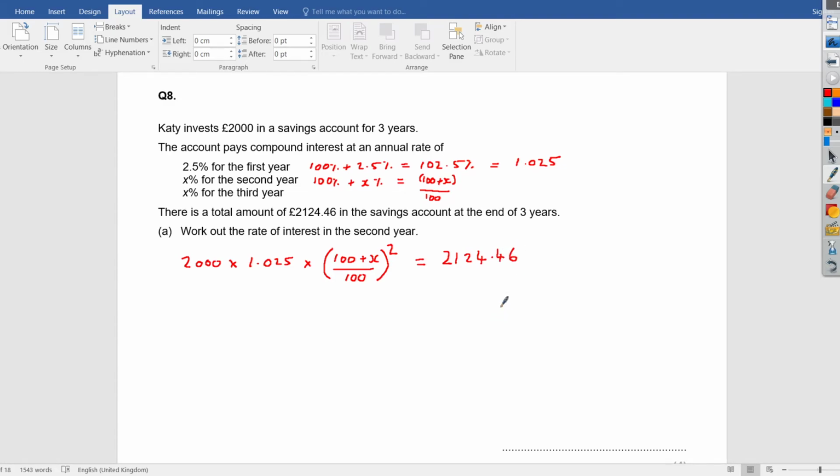Now the first thing to do is multiply that out. 2000 times 1.025 gives me 2050.